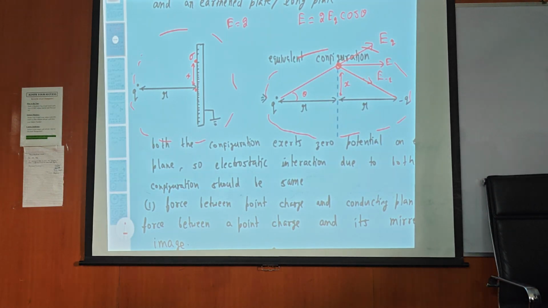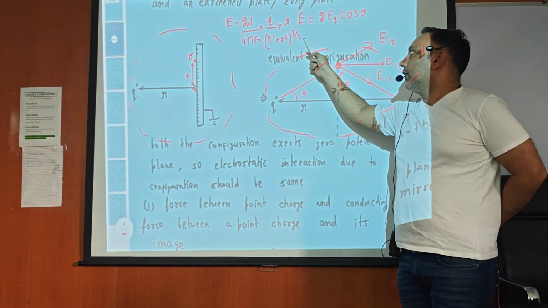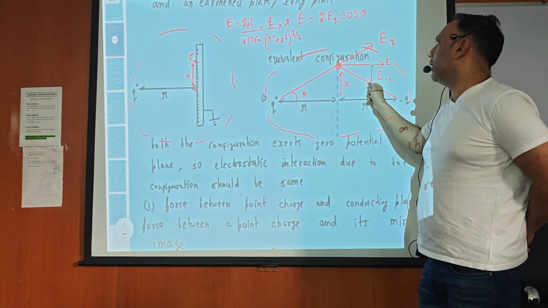EQ is KQ by R square, meaning 1 by 4 pi epsilon naught into Q divided by R square, which is (r square plus x square) to the power 1 by 2 squared. Now cos theta is also there: cos theta is r upon (r square plus x square) to the power 1 by 2. So this expression is the net electric field at any distance x, and it is towards the right.